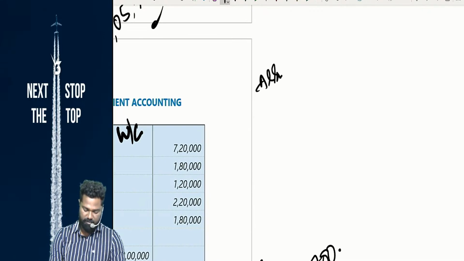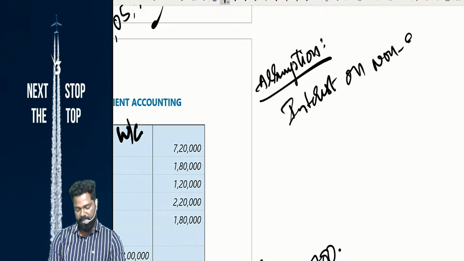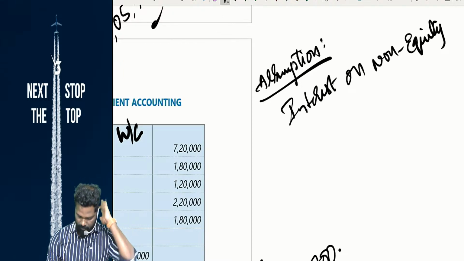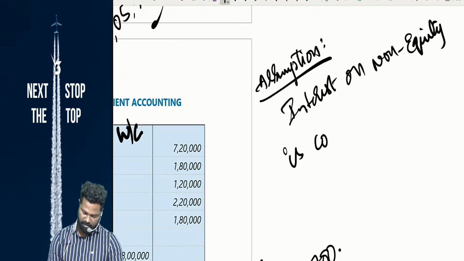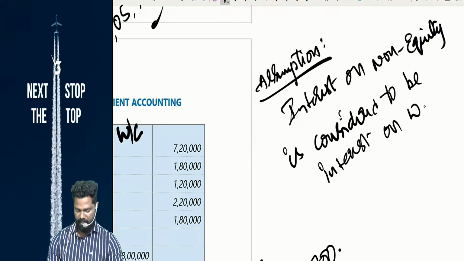We can put an assumption saying interest on non-equity debt is considered to be interest on working capital.